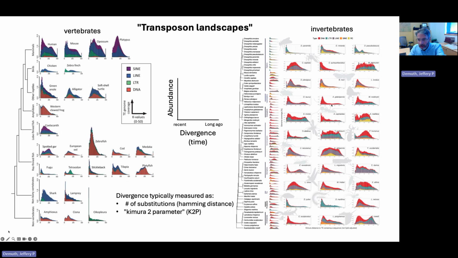DNA elements are red. They tend to make a higher proportion of TE content in the genomes that have been looked at for the most part. With the caveat, going back to the justification for why we need to keep studying transposable elements, that these are all based on really bad genomes.